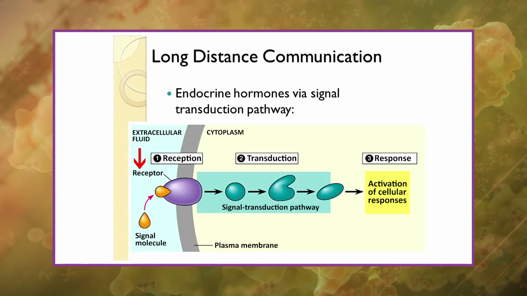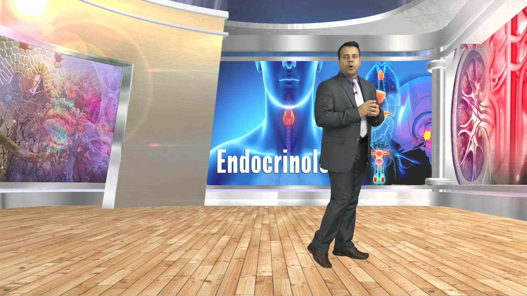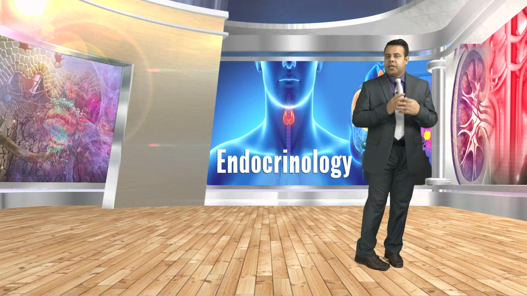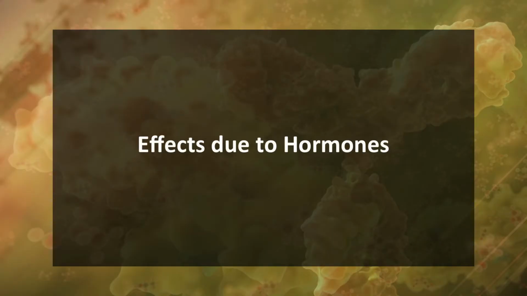Once attached to a receptor, hormone may exert its effect in numerous ways. Dear students, by now you have known how receptors are very important for hormone action. Moving to next objective, that is knowing about the effects due to hormones.